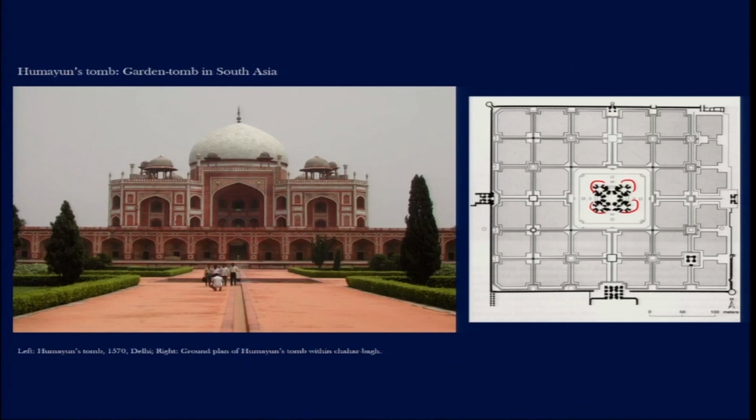Now talking about the dome, this particular tomb structure is covered, and there are debates around erecting a tomb in Islam: whether the tomb should be humble, or a place which shows the stature of royalty.